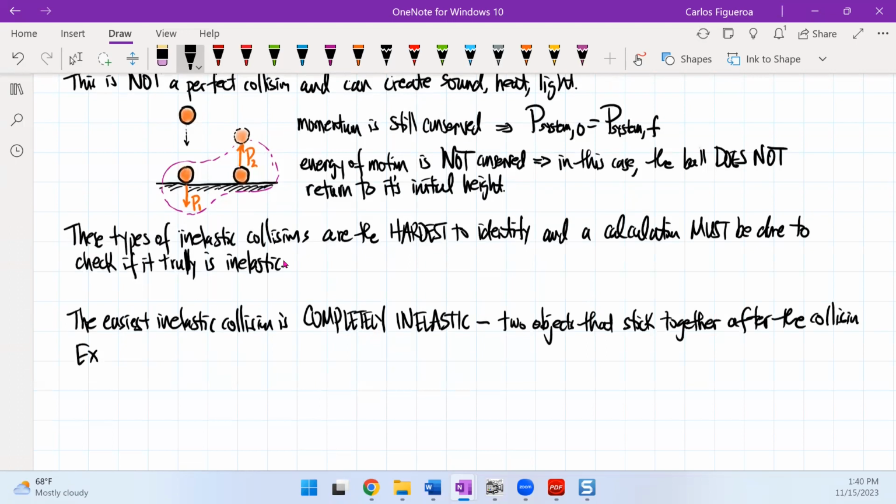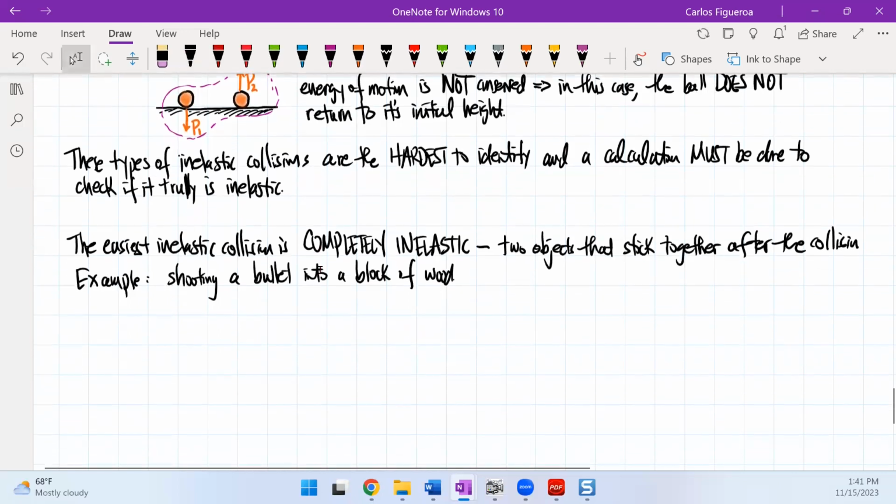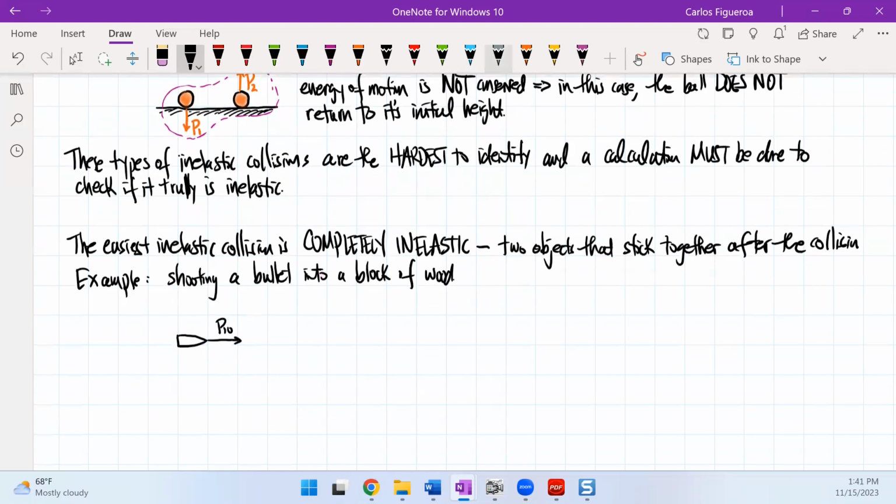And one example that we can look at here is shooting a bullet into a block of wood. So what actually happens here? Well, you could imagine that I have a bullet and it's coming in with some initial momentum. And I'll call the bullet 1. So 1 in this case is the bullet.